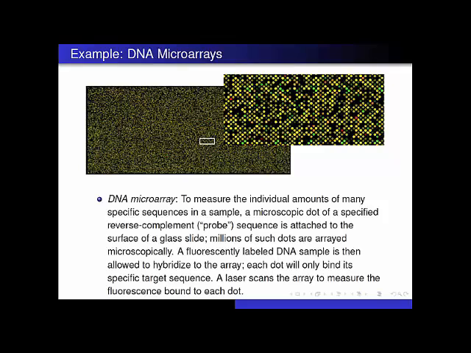Well, how active was this particular gene in this particular sample? All you have to do is fluorescently label that sample and incubate it on top of the microarray, and the piece that matches that specific probe DNA will automatically come here and bind. So if there's a lot of it, you'll see a bright spot because a lot of it came here, and it's fluorescently labeled. If there wasn't any DNA that matched this particular probe location, you won't see any fluorescence because there wasn't any to bind there.